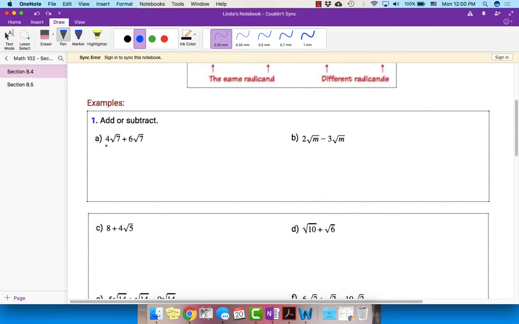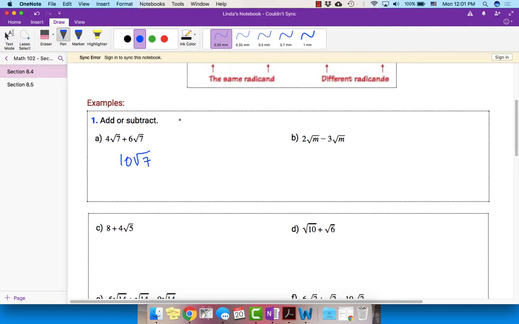Example 1a, you can see here that 4 root 7 plus 6 root 7. They have the same like radicals, so what you would need to do is just take 4 plus 6, which is 10. 10 what? 10 root 7.